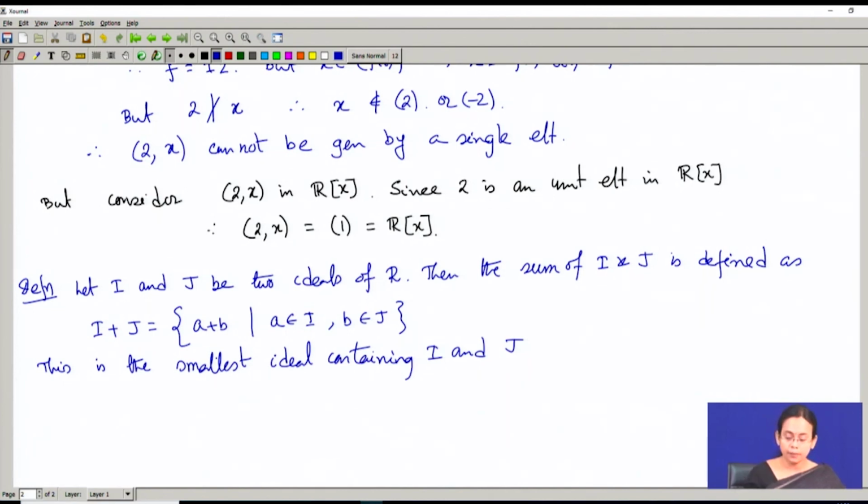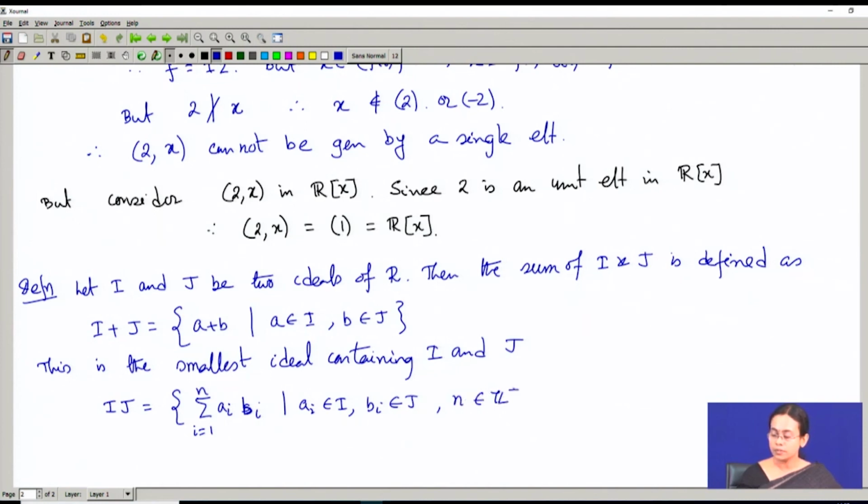Now, I will define the product. So, how do I define the product? The product of two ideals IJ is defined as the finite sum of the form a_i into b_i, where i is varying from 1 to n, where a_i is in I, b_i is in J, and n is a positive integer.